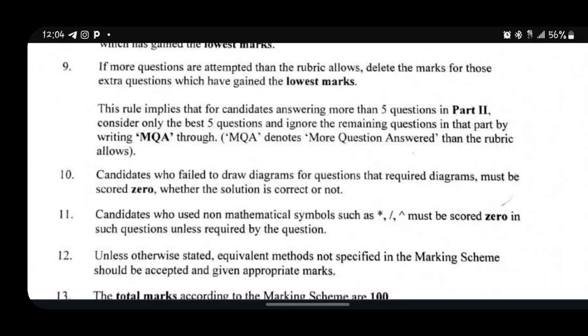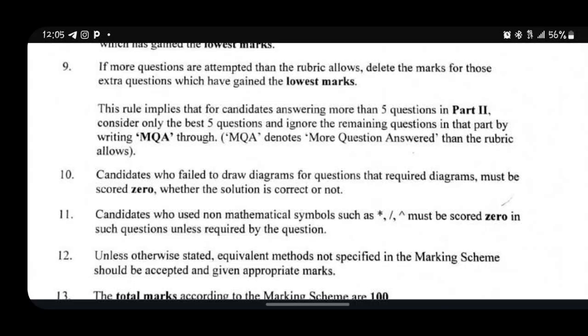When you have a question that requires a diagram, let's say a bearing question, a question on elevation and depression, a question on latitude and longitude, a question on Venn diagram, and the diagrams are not drawn, whether the candidate has solved it correctly or not, because that question requires a diagram and the student has failed to draw it, the student has scored 0 for that question.